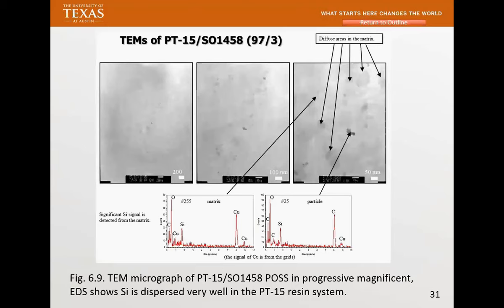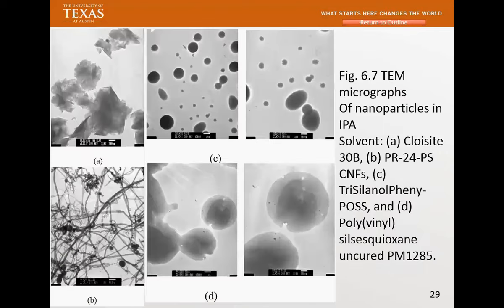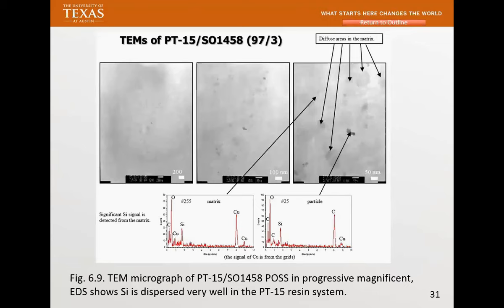So that shows you this little thing is 50 nanometers. And when you take the EDAX right in the matrix, you can also see SiO in there. That means you have molecularly dispersed your POSS, going from this size back to nano size. That's what I call very good dispersion.